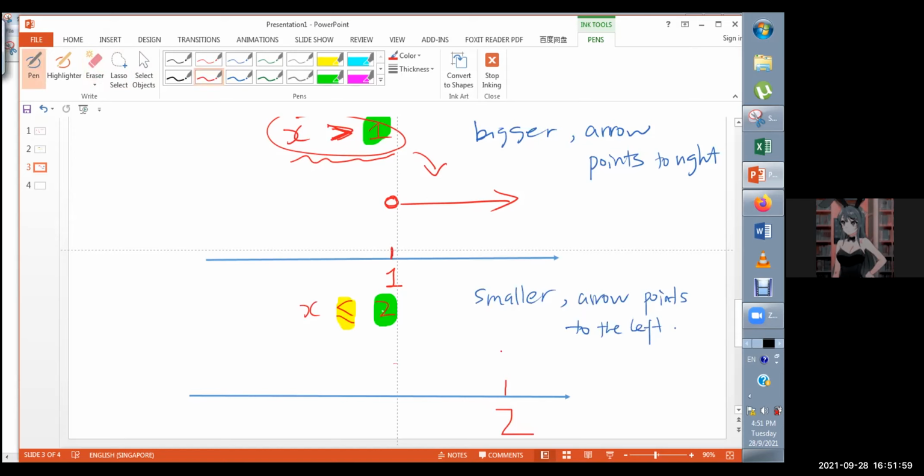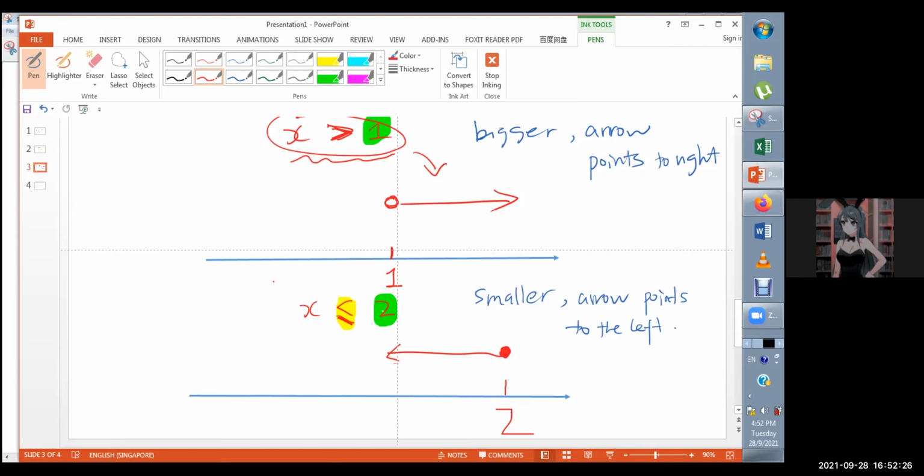Then this solid circle, because there is an equal sign here, has to be solid. You just move it above the 2, and point to the left. So did I answer your question? It's really up to you where you put the numbers.